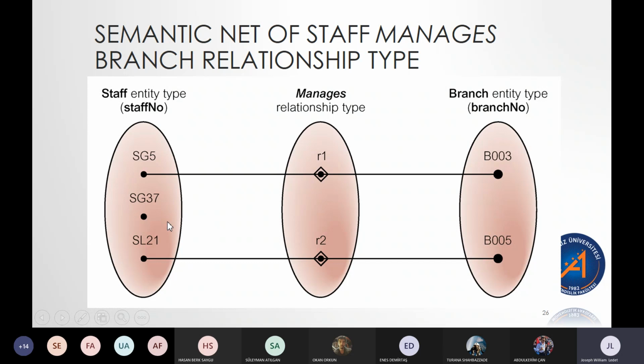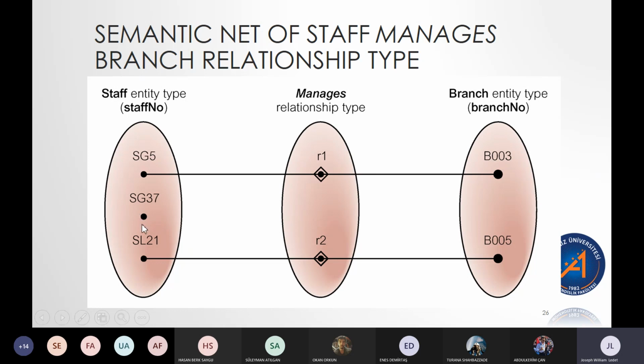Now notice one side of this might have staff members who don't have a relationship here, who don't have a branch that they are managing. What that's telling us is that this staff person isn't a manager. They work at a branch, but they do not participate in the manager's relationship.